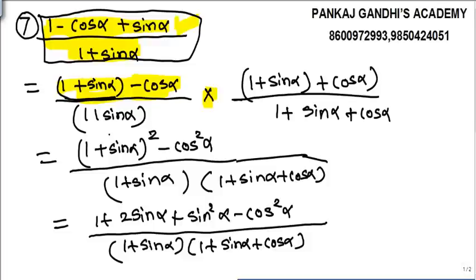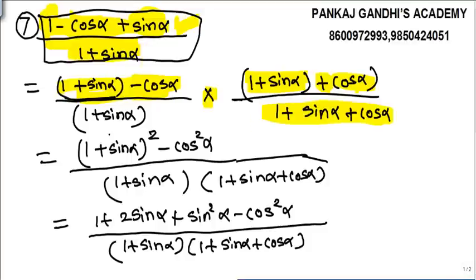So (1 plus sin alpha minus cos alpha) divided by (1 plus sin alpha plus cos alpha). What we will do here, we will rationalize it. Multiply the numerator 1 plus sin alpha minus cos alpha by 1 plus sin alpha plus cos alpha, and similarly the denominator. Now let's multiply.